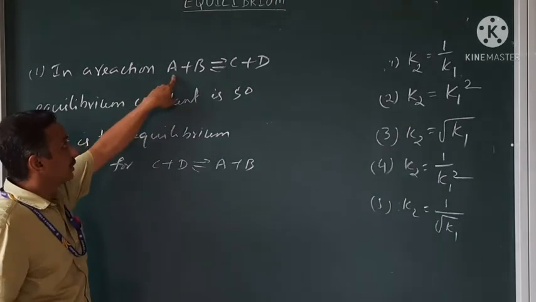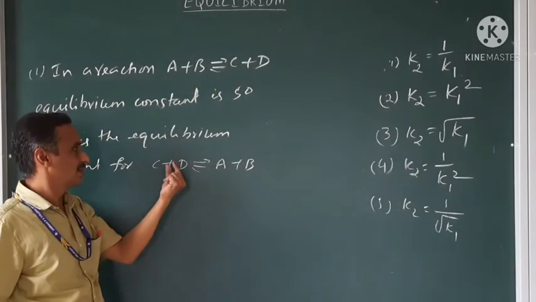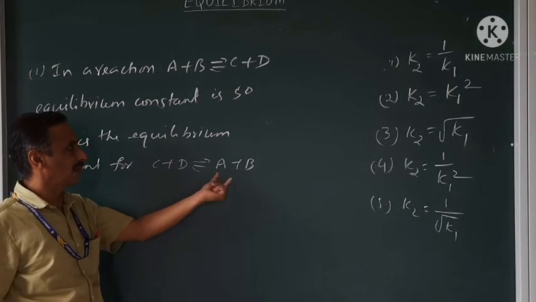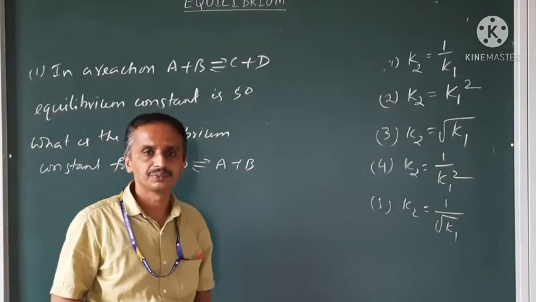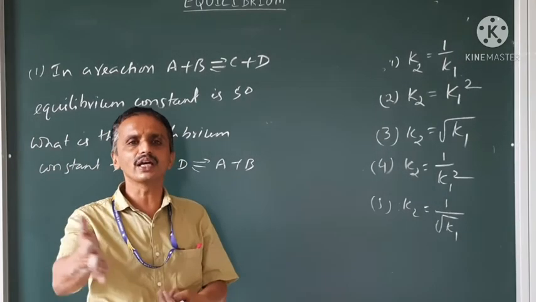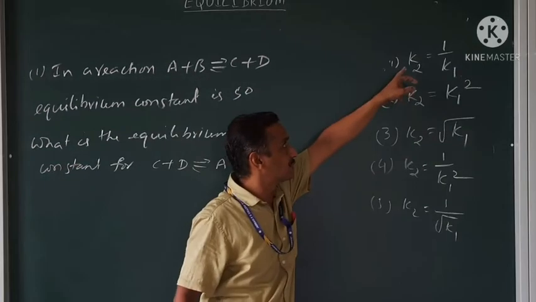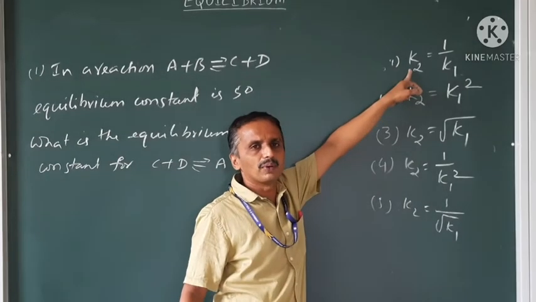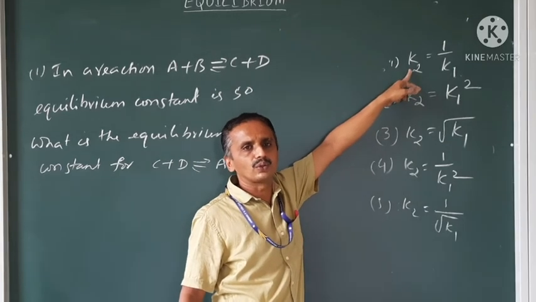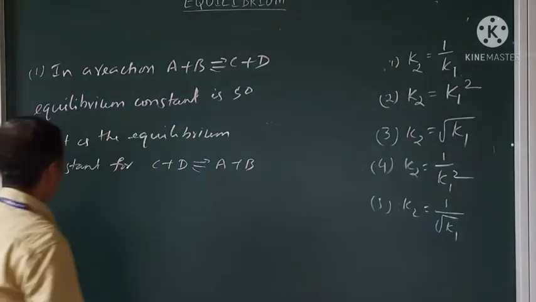Just see, A plus B giving C plus D, whereas C plus D giving A plus B. What I did? I just reversed the reaction. And when we are just reversing the reaction, this formula should be used: K2 is equal to 1 over K1.